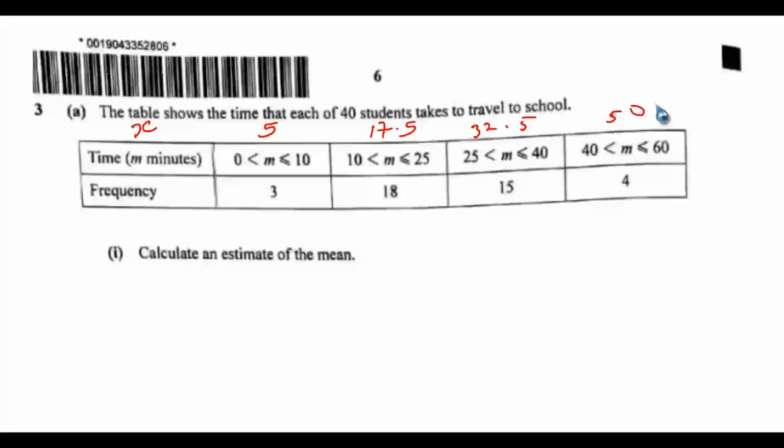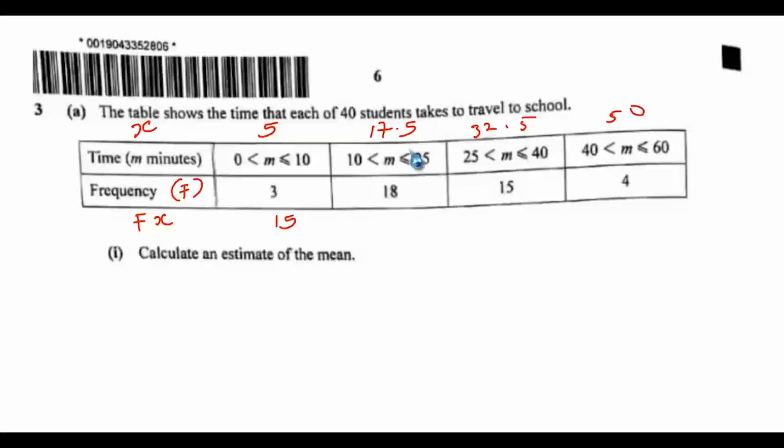The next thing we need to find is, this is f for frequency, so we need to find fx. The fx will be the product of x and f. So we have 5 times 3, we have 15.